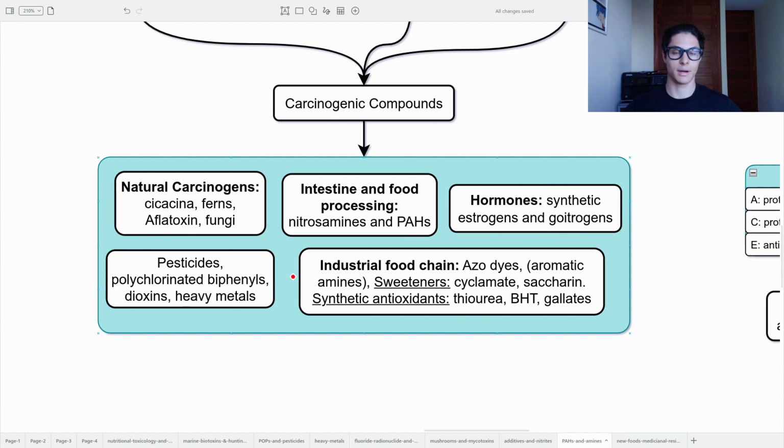Pesticides, chlorinated biphenyls, dioxins, and heavy metals. And also from the industrial food chain such as azo dyes with aromatic amines, sweeteners such as cyclamate and saccharin, and synthetic antioxidants with thiourea, BHT, and gallates. I have to mention that these carcinogenic compounds were found in animal studies.